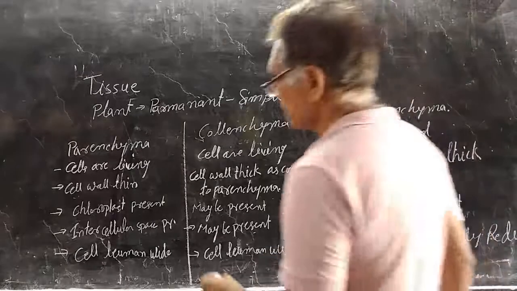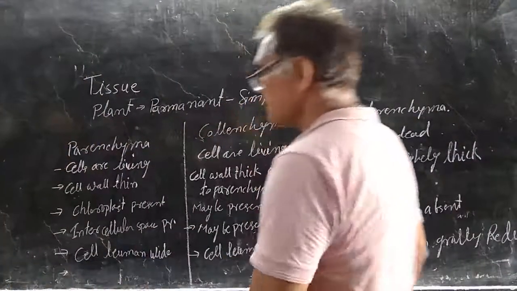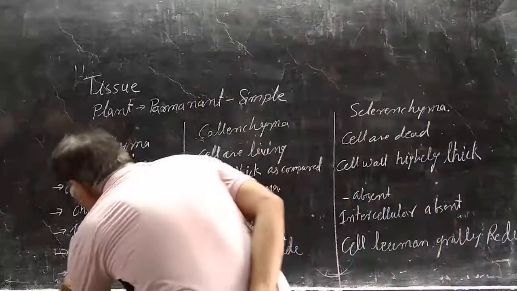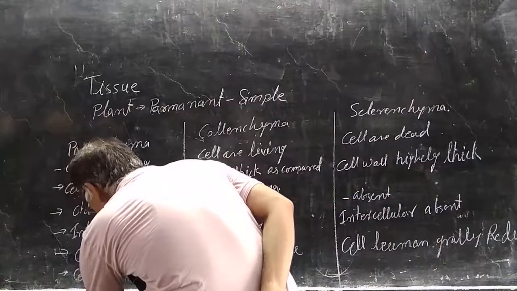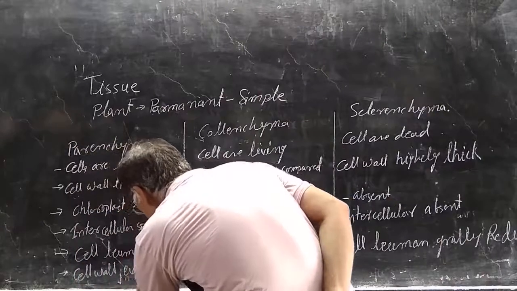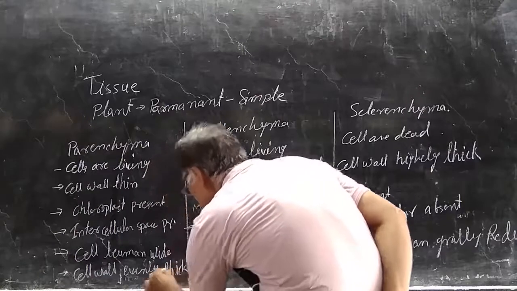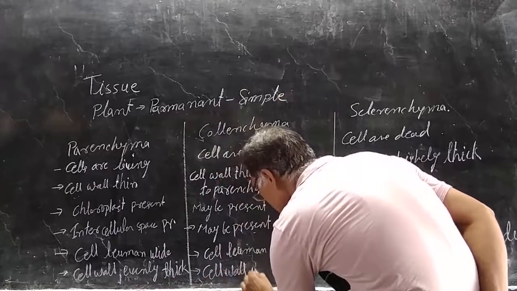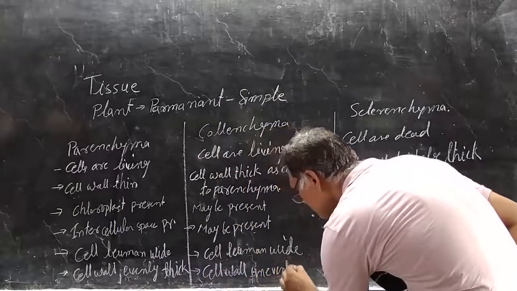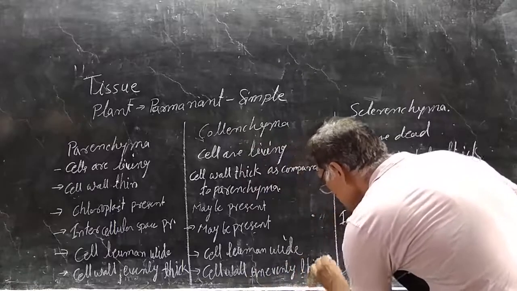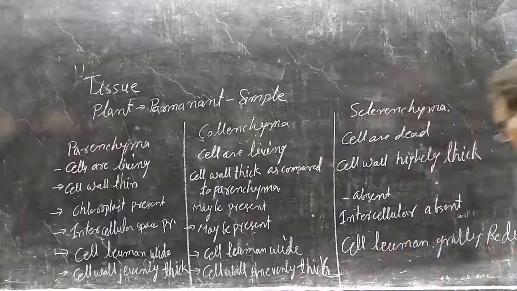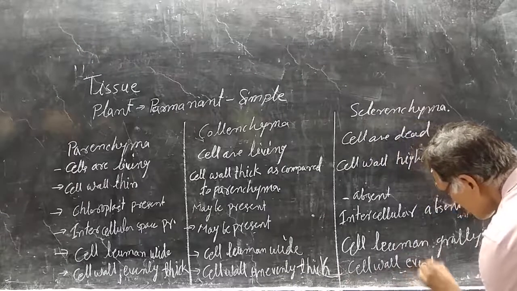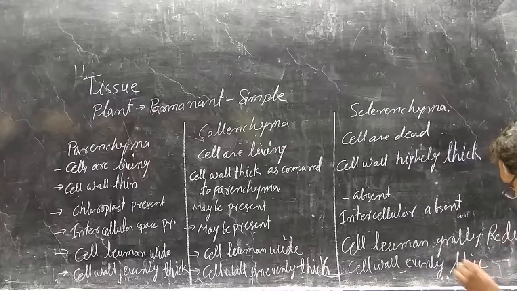Then cell wall thickening. In parenchyma the cell wall is evenly thick, in collenchyma it is unevenly thick, and again in sclerenchyma it is evenly thick.